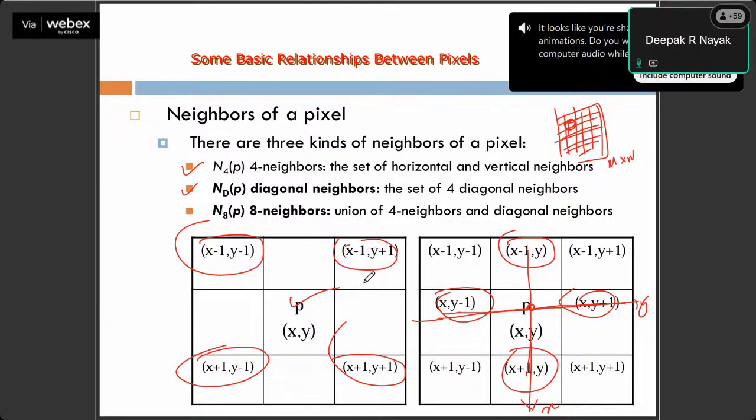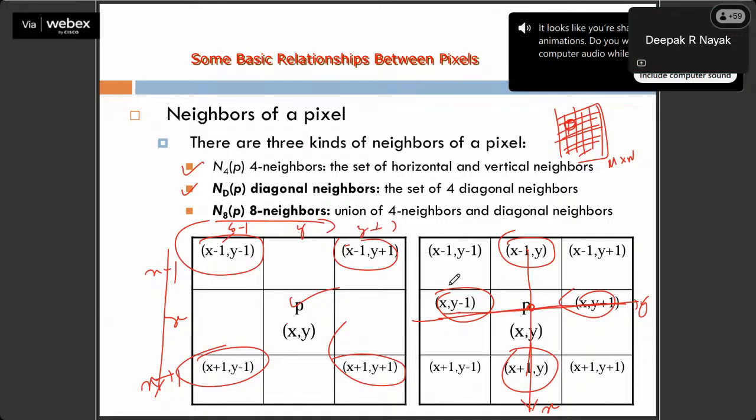You know how to find the coordinates of this. This is x minus 1, y minus 1, right? This is how x increases and this is how y increases. So this will be y minus 1, this will be x minus 1, this will be x plus 1, and this will be y plus 1. Accordingly, you will get all the coordinates.